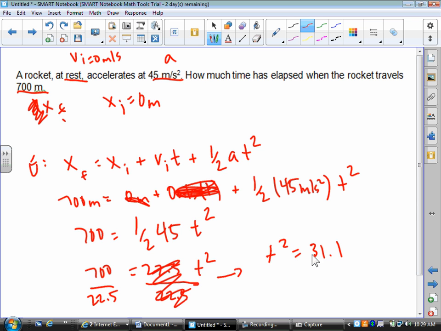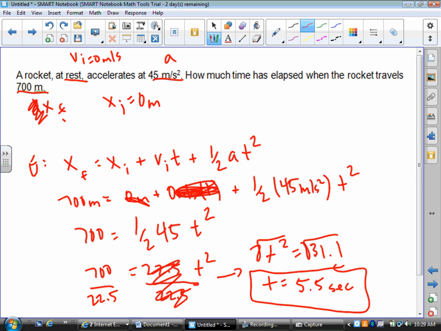So 31.1, and then how do we get rid of this square up here? Square root both sides, right? All right, so t equals square root of 31.1, and what is the square root of 31.1? 5.5 seconds would be the time it took for this rocket to go 700 meters, which is extremely fast for the rocket.